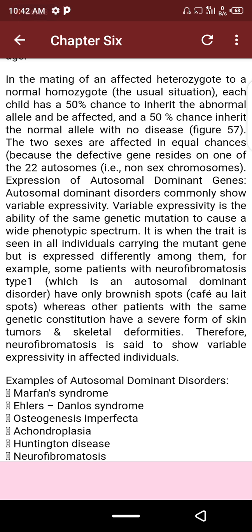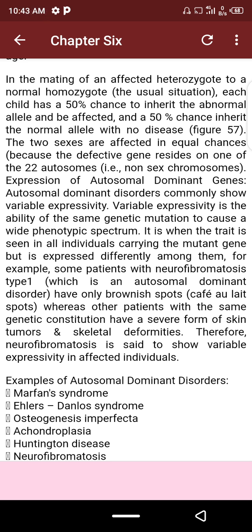Expression of autosomal dominant genes: autosomal dominant disorders commonly show variable expressivity. Variable expressivity is the ability of the same genetic mutation to cause a wide phenotypic spectrum. It is when the trait is seen in all individuals carrying the mutant gene, but it is expressed differently among them.